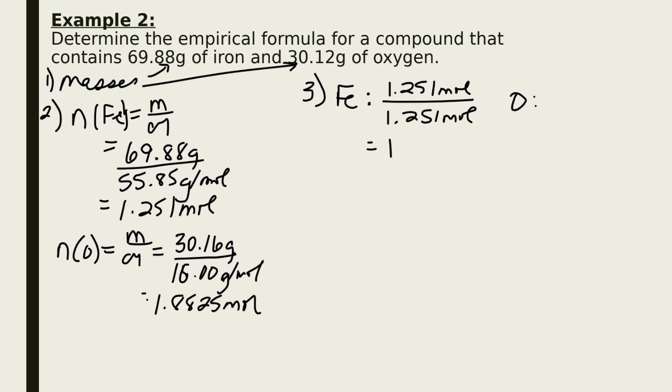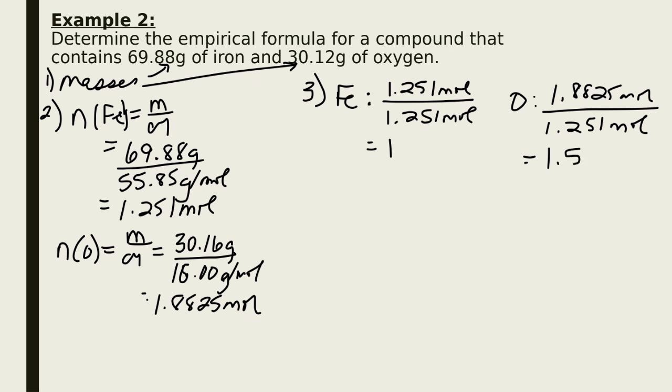For oxygen, we take its mole value, 1.8825 mole, and divide by iron's value because it's smaller, 1.251 mole. And then we get a factor here of 1.5.